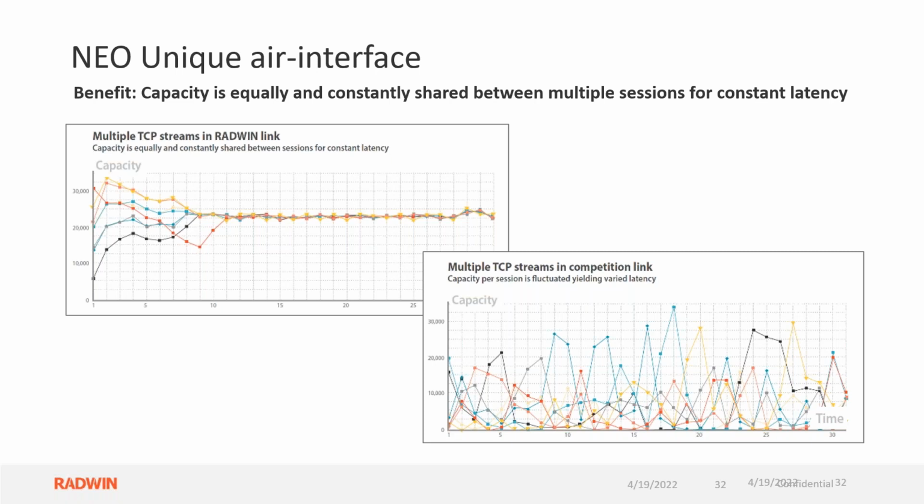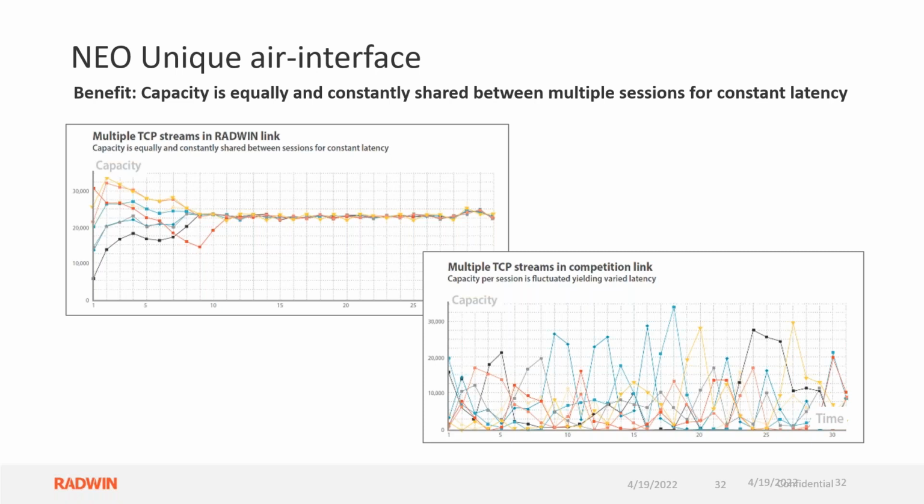Everybody's coming in, their individual jitter might be different, their signal strength might be different for a number of reasons. So what ends up happening is you have a very inconsistent connection. Some people are getting 30 meg, others are only getting 5.